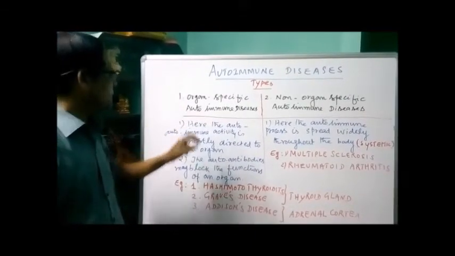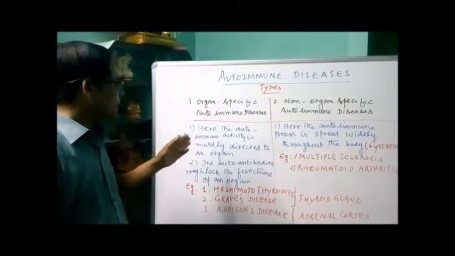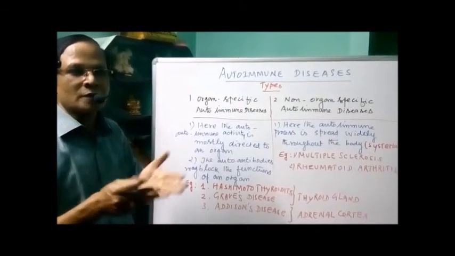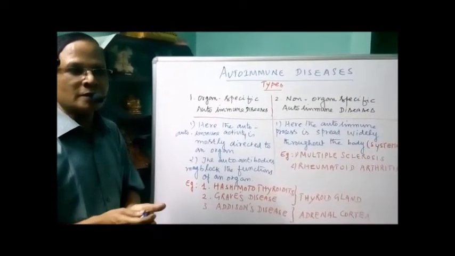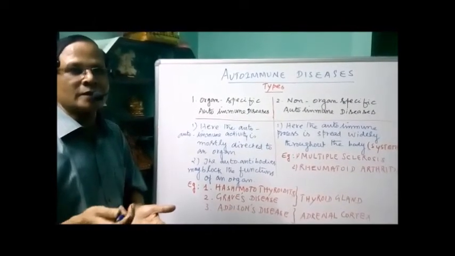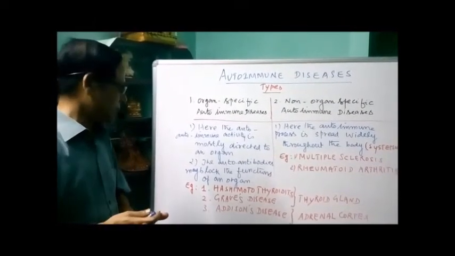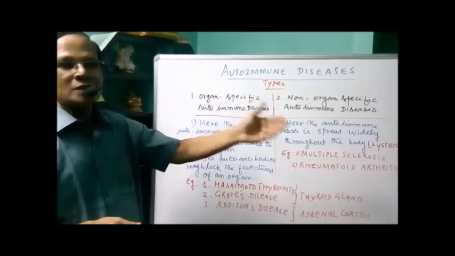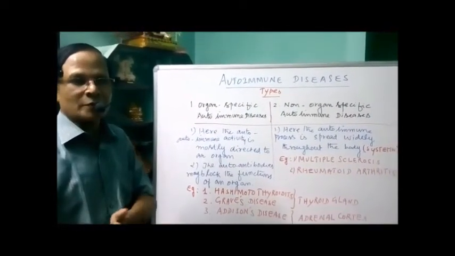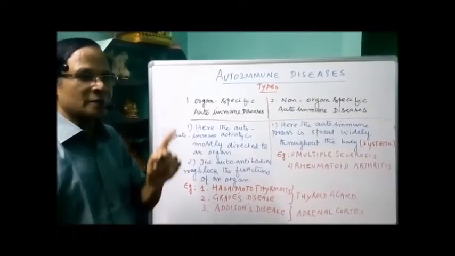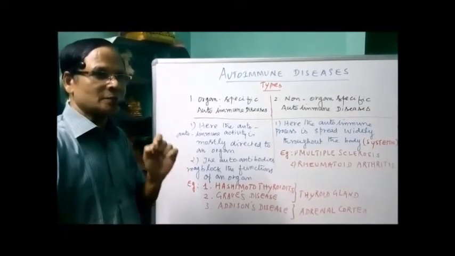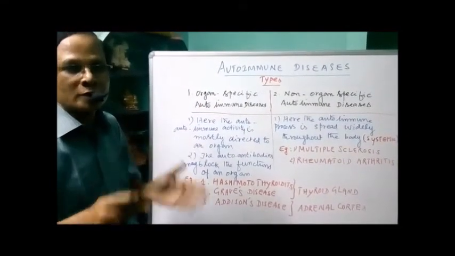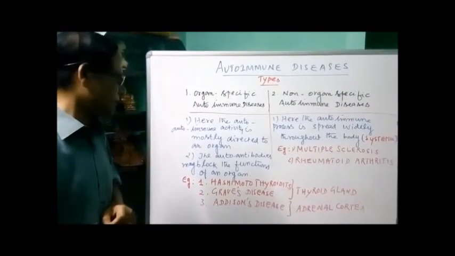In the case of organ-specific, the autoimmune activity is mostly directed towards one organ, for example, the heart or kidney, or the glands, the thyroid gland or adrenal gland, etc. So, the autoantibodies may block the functions of that organ, which results in a particular disease. So, one organ's activity is suppressed because of the activity of autoantibodies. Not many organs, not the whole body is affected, one specific organ is affected.